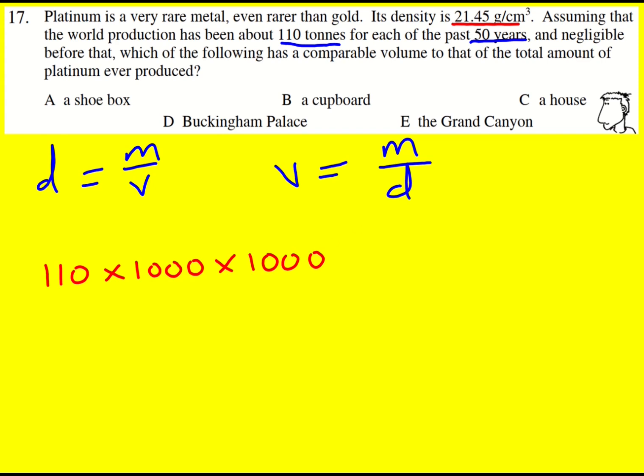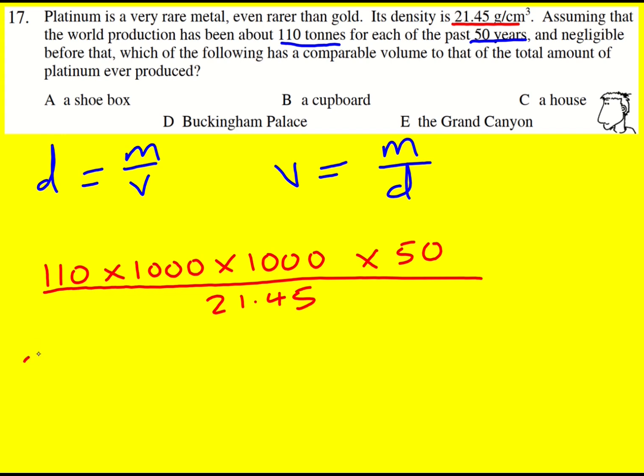So that is the number of grams that the world has produced, but that's every year for each of the past 50 years, so I also have to times by 50. So that is the total amount of platinum ever produced, or that's our assumption anyway. And then we're going to divide through by 21.45.